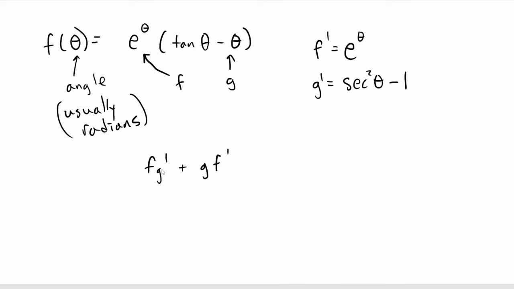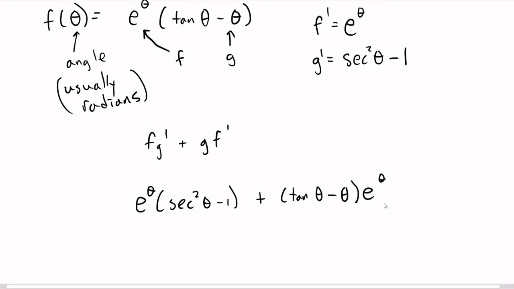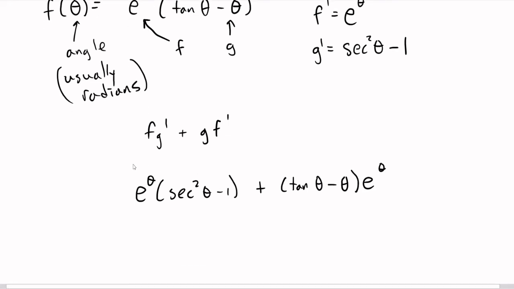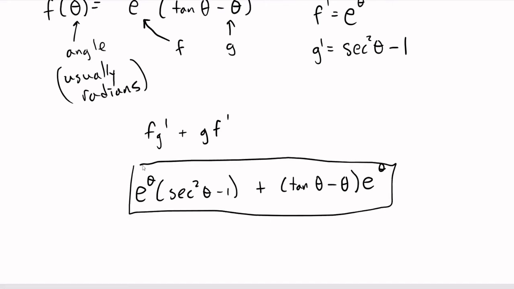We could do g prime f. Doesn't matter. So okay, let's just plug that in. That's e to the theta times secant squared theta minus 1 plus g was tan theta minus theta, and then f prime was e to the theta. And you could factor out an e to the theta if you want to, but you can just leave it like this too. Boom, all done.